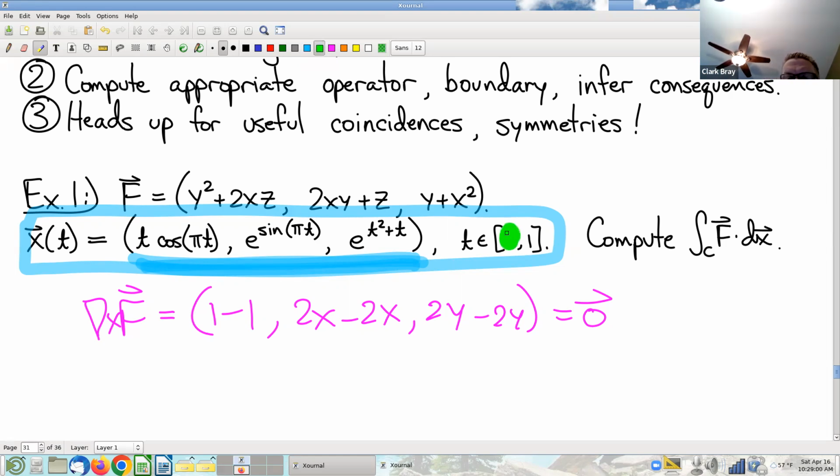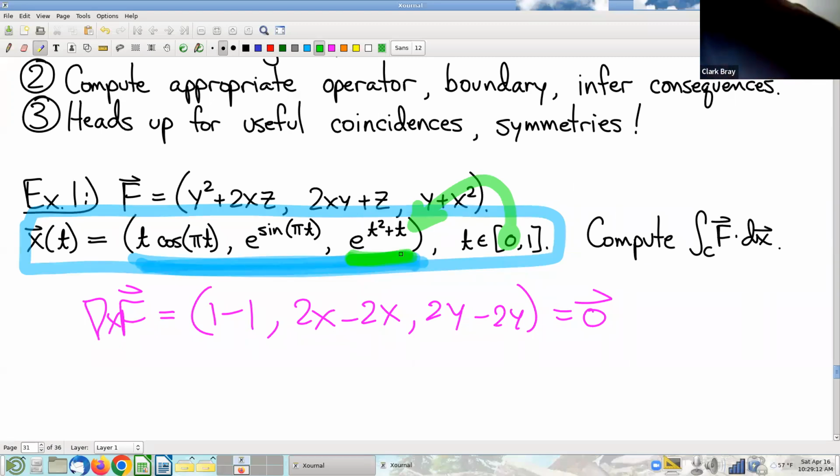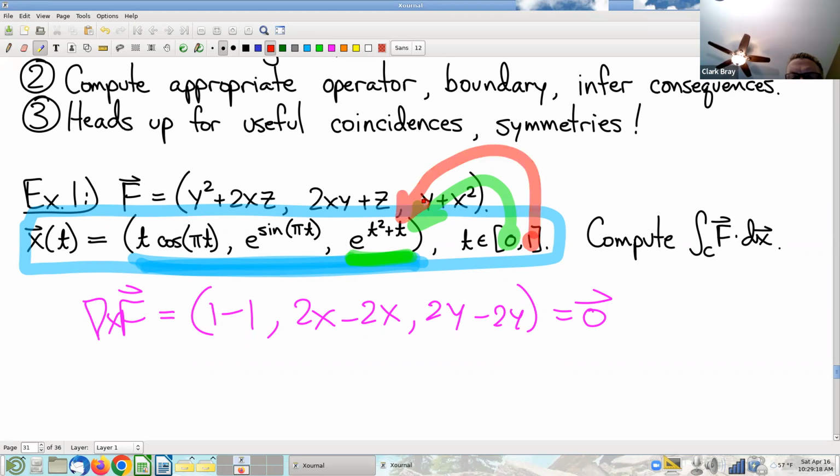But I like to just note, okay, all right, well, when I plug in t equals 0, that third coordinate there clearly starts at e to the power of 0, namely 1. And where this curve ends, that third coordinate is going to be e to the power of 2, which is not 1. So these points clearly have different z coordinates.